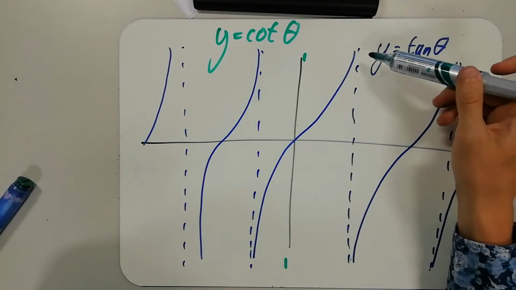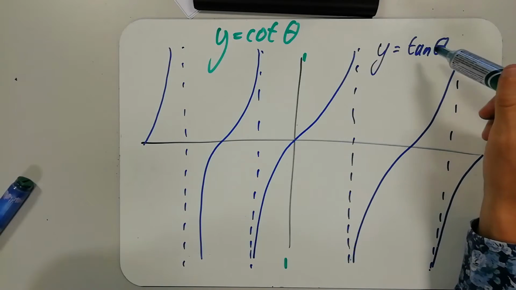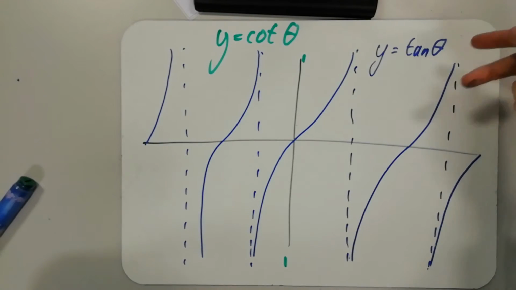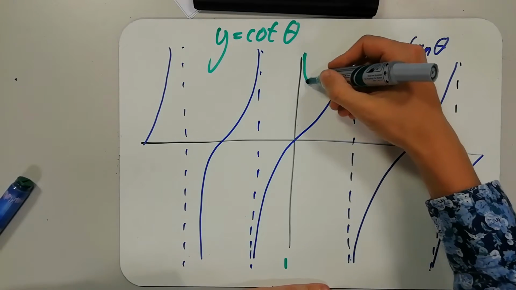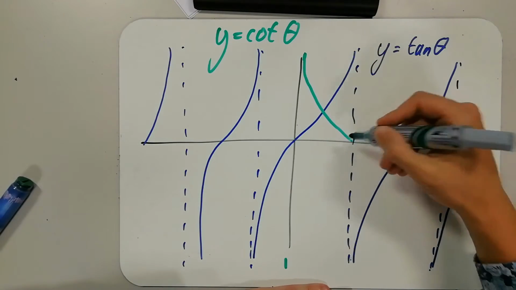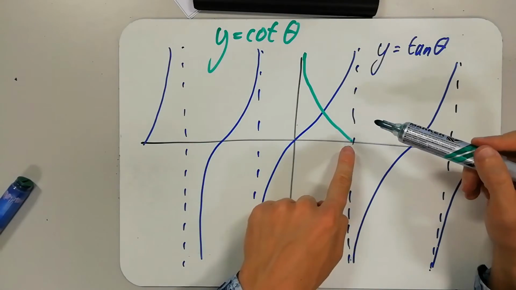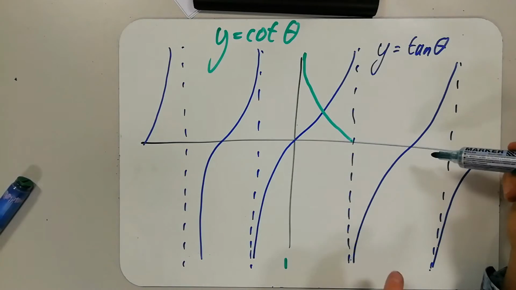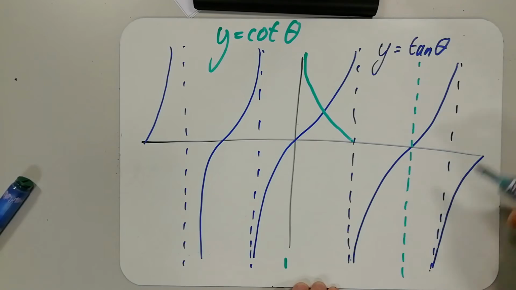When tan has an asymptote, that means I've probably tried to do a number divided by 0. So if I take the reciprocal of that, I'll have 0 on my numerator. So therefore, where tan has an asymptote, cot will pass through the x-axis, and where tan passes through the x-axis, cot will have an asymptote. So I'll probably draw in those asymptotes now.